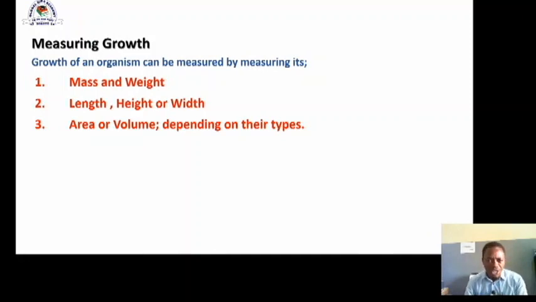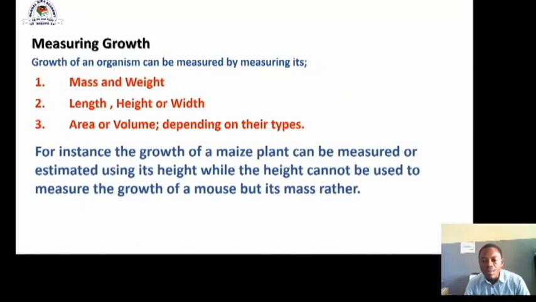The growth of an organism can be measured using its mass or weight. For some plants or some organisms, their growth can be measured by measuring their length. For instance, the growth of a maize plant can be measured or estimated using its height.